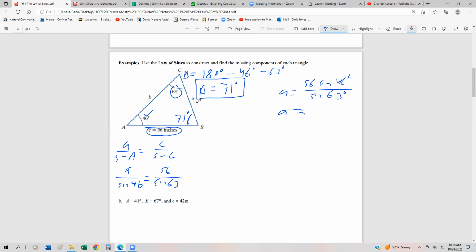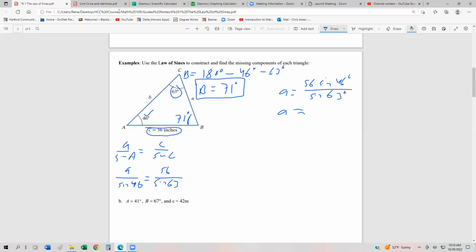Now, we know that since A is the smallest angle, A should be the smallest side as well. If you look at these angles, side B should be the longest, side C should be the middle, and side A, because it's opposite the smallest angle, should be the smallest side.